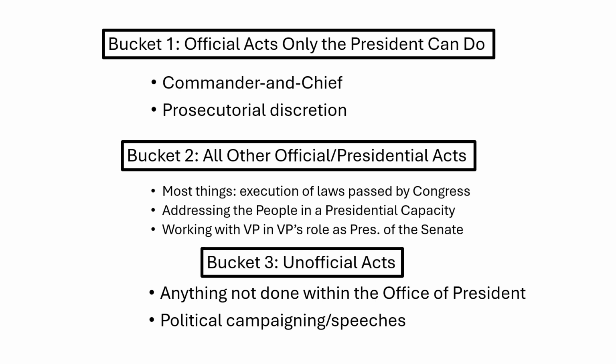Generally speaking, there aren't a ton of things that only the president can do. And this is also probably the hardest part of the decision, knowing exactly what fits into buckets 1 through 3. We'll get into this, the court doesn't answer a lot of the questions here. Its job here is just setting up the rules, and it would have actually been a bit premature to decide some of the questions here.